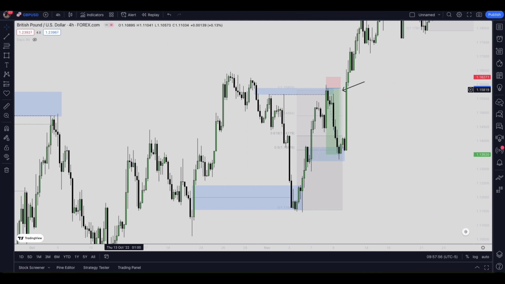Let's say that they have gone long right here. They will need to see a move back up to this PD array. We will call this an order block. This is also the same. You can see it has an effect on price. It retraces a little bit.